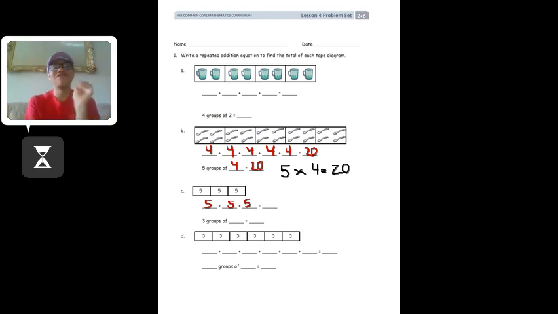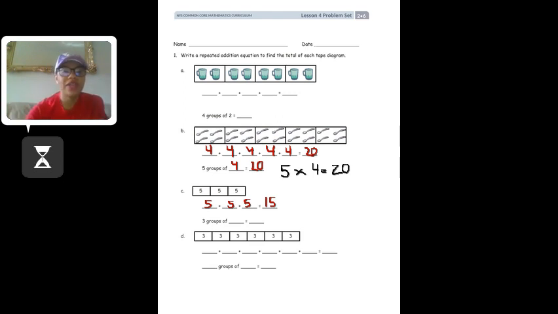So first we know that 5 plus 5 is how much? That's right, it's 10. And then if I add 5 to 10, what do I have? 10 plus 5. That's right, I have 15. So I know that 5 plus 5 is 10, plus another 5 is 15. So I know that my total number for this tape diagram is 15. We have a total of 15.